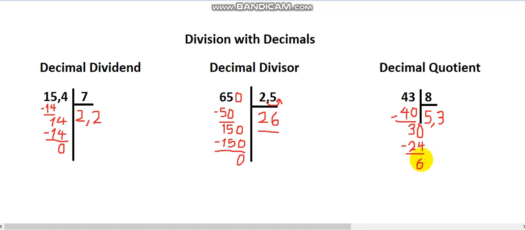Again, I have a remainder, so I need to continue. Again, I can put a 0 at the end of my remainder, and I can continue doing this until I get a remainder of 0, as you will see. I say, how many times does 8 go into 60? 8 goes into 60 7 times.